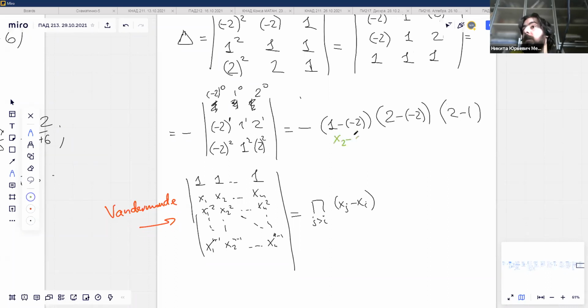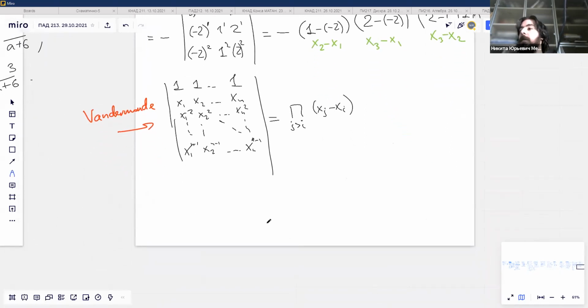This is x2 minus x1, this is x3 minus x1, this is x3 minus x2. And that's it. So on one hand, we can now compute the particular result. It is like 3 times 4, 12, minus 12 or something. But that's not very important. What is important is that it is non-zero.